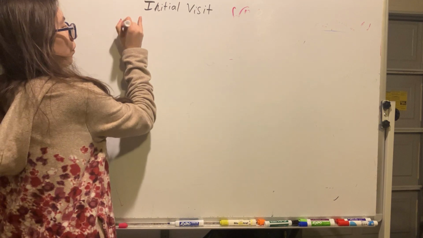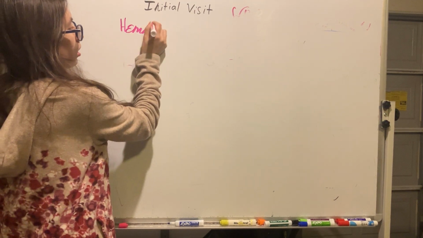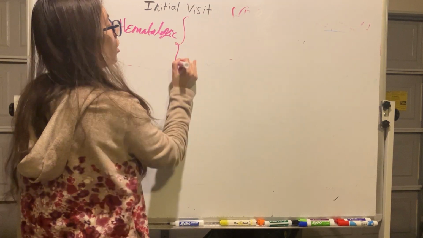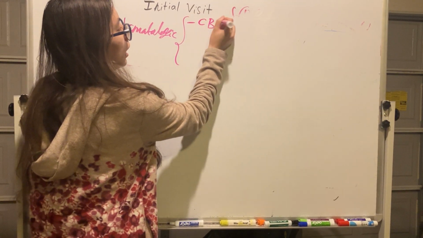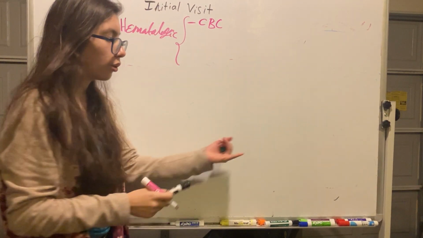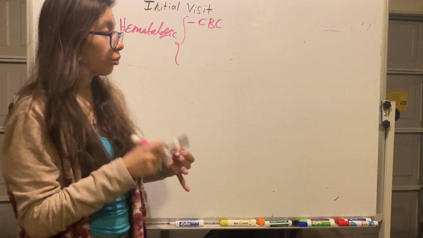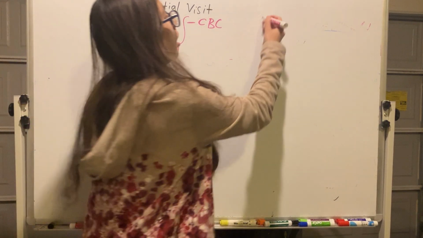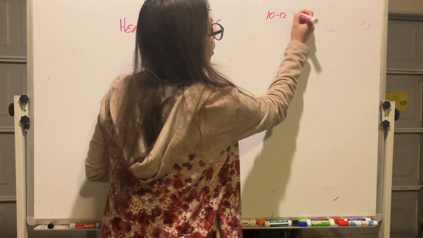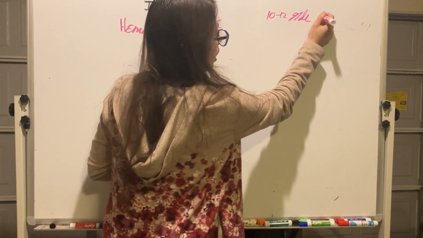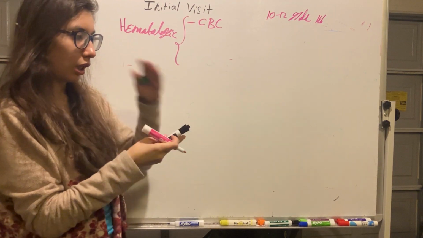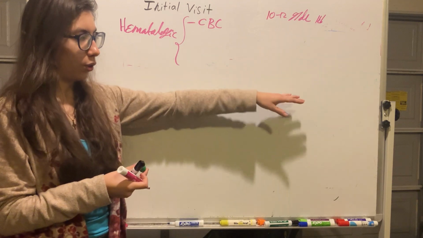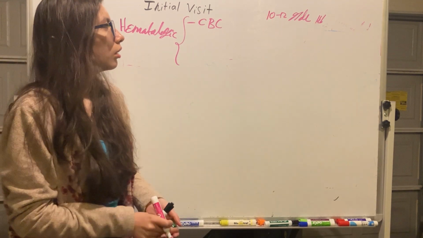So first we have the hematologic laboratory tests that we are going to order, which is complete blood cell count to see the leukocytes, to evaluate if the patient has anemia, which, remember, 10 to 12 grams per deciliter of hemoglobin is normal in a pregnant woman because of the dilutional effect of the physiological changes of pregnancy.